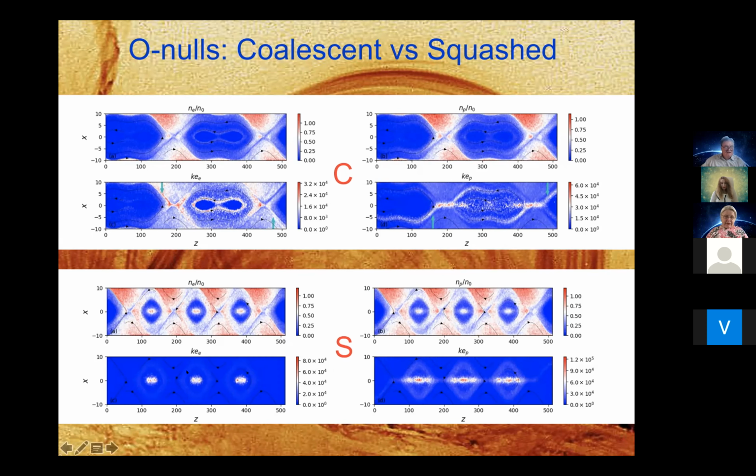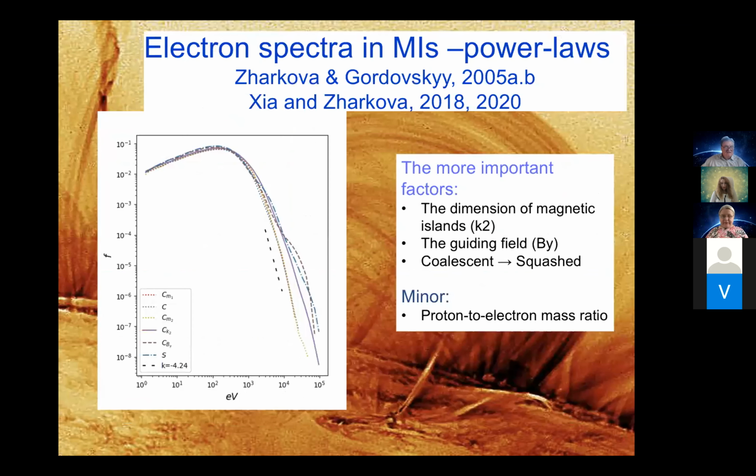Again, here the electrons are accelerated, here the protons for the Squashed Island, they got high energies and they get ejected as expected. The energy distribution of particles accelerated in the islands is also a power law distribution. In this particular configuration, the power law index was about 4.2, and the Squashed Island had a slightly harder distribution than the Coalescent Island because they have many more energetic particles.